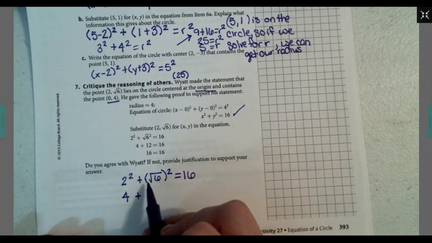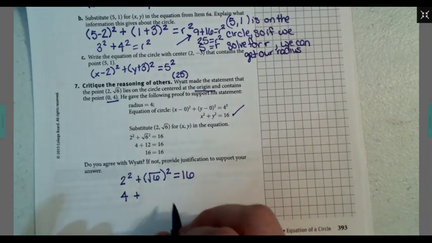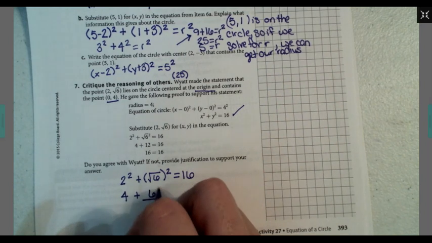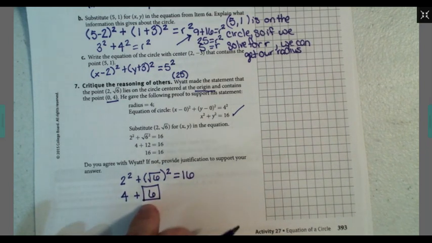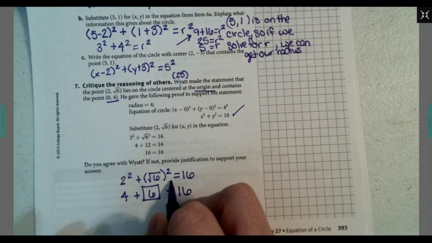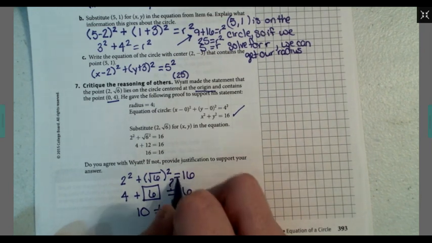That would be the square root of 36, and the square root of 36 is 6. So we had an error here. He put 12 there, and that's only 6. And does this equal 16? 10 does not equal 16.